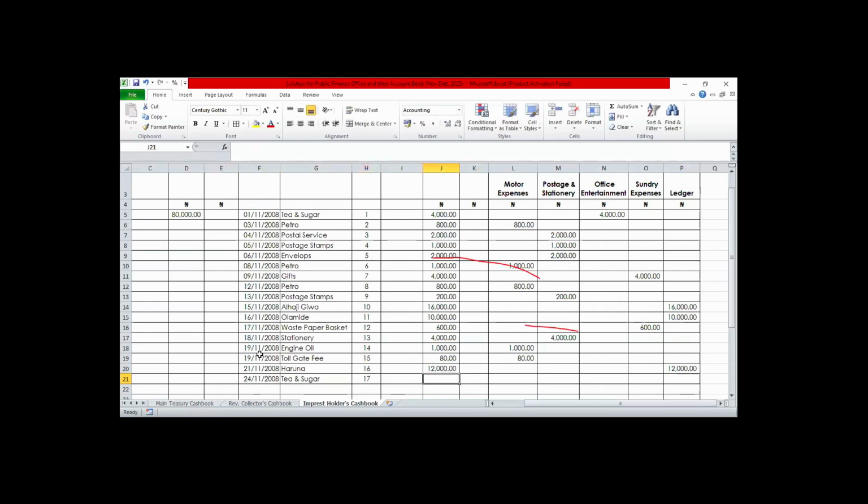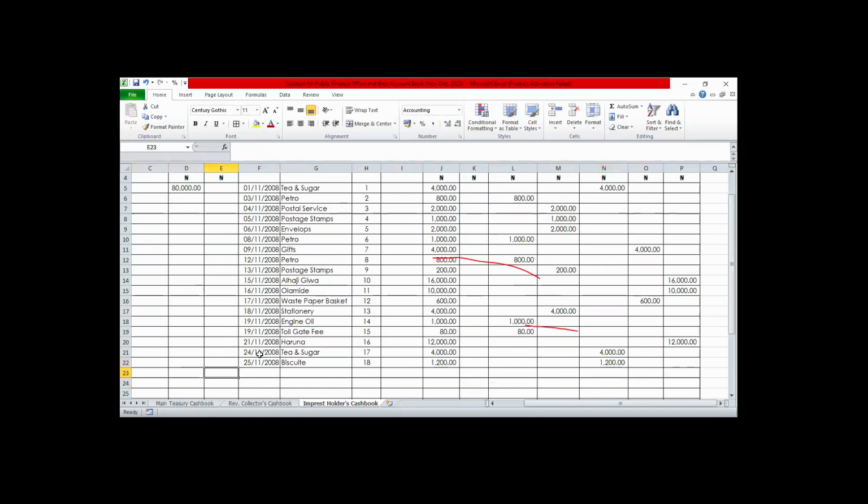Next one, November 25th, biscuits, 1,200. That's also going under entertainment.